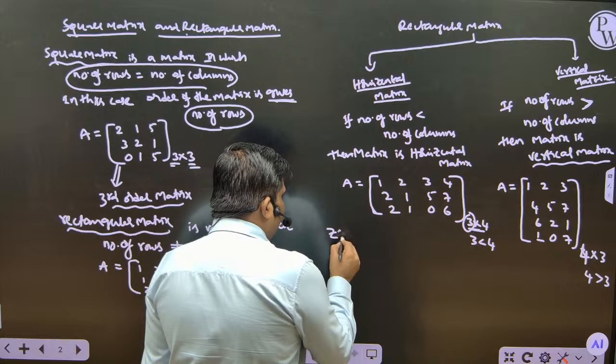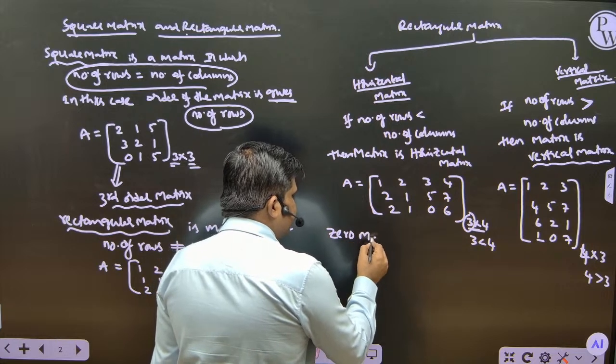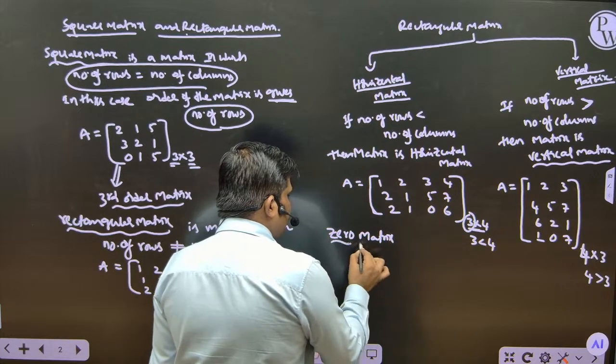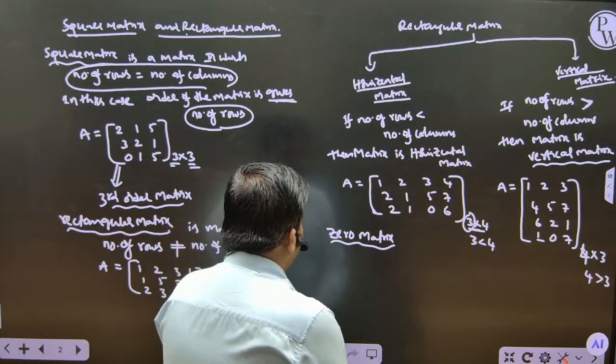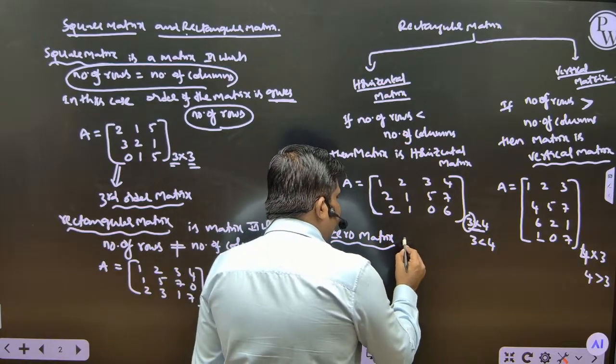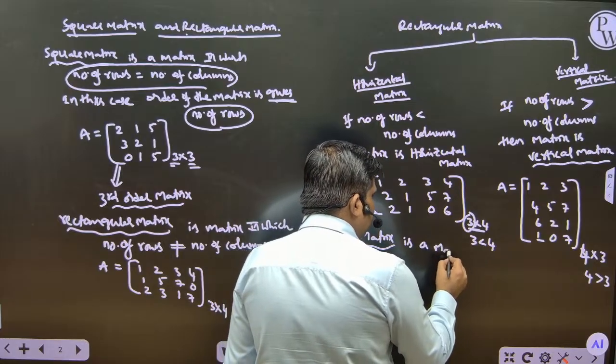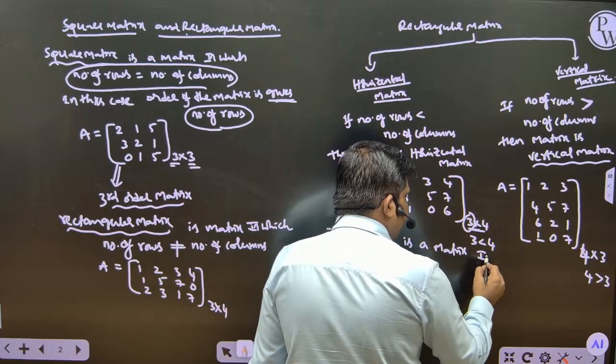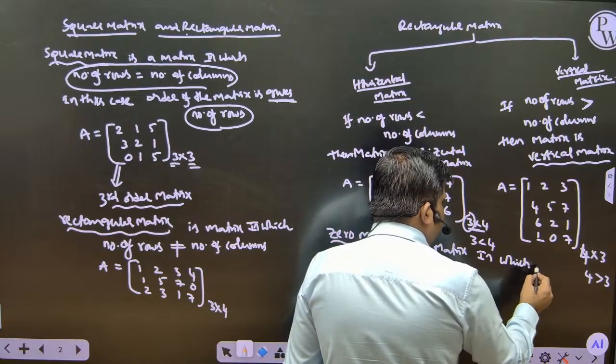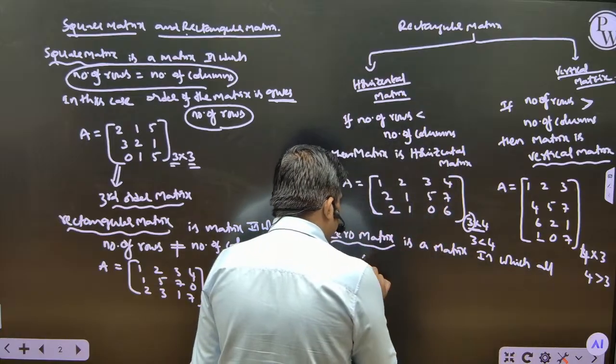Next is the zero matrix. A zero matrix is a matrix in which all elements are zero.